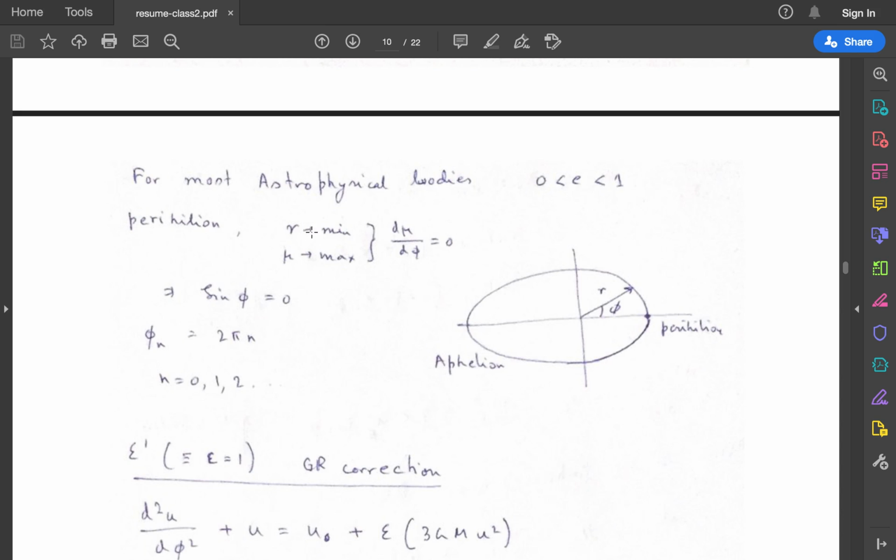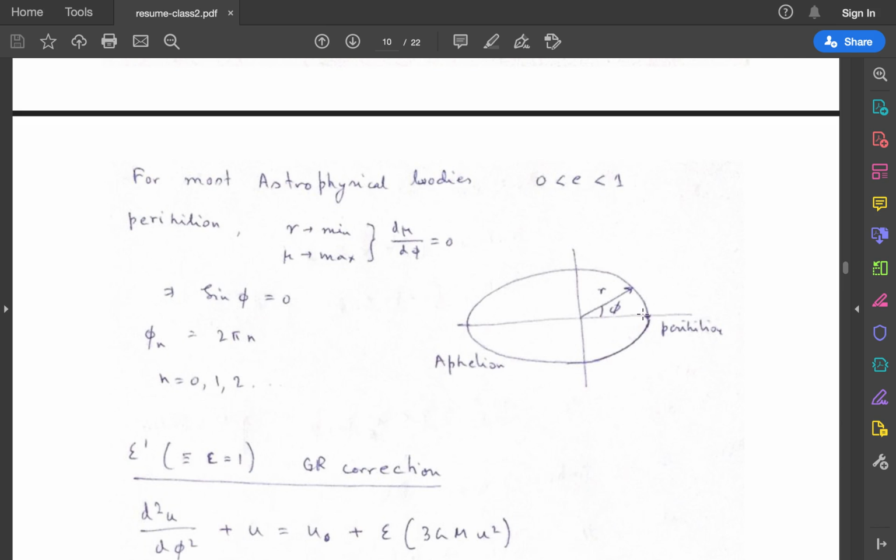The perihelion is given where r is minimum, that means u is maximum, and du by d phi equal to 0, which has the solution sin phi equal to 0, and therefore phi_n equal to 2 pi n, where n equal to 0, 1, 2. So for 2 pi, 4 pi, we have this phi_n and we have the solution.